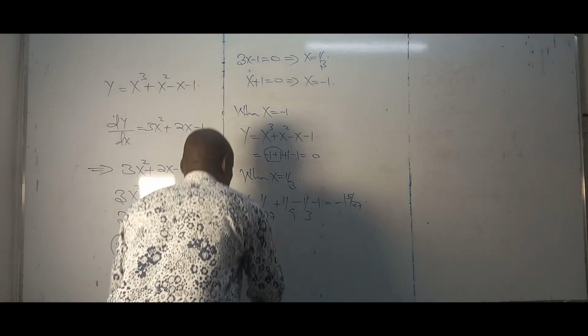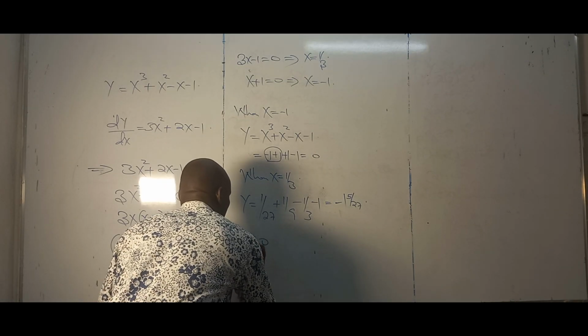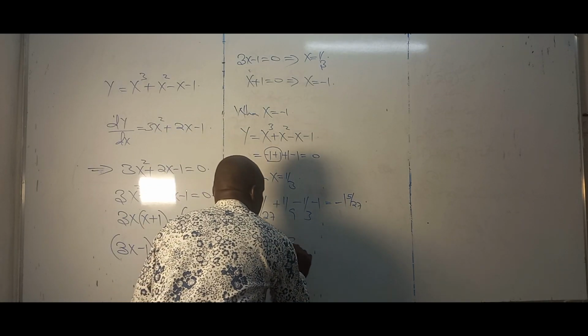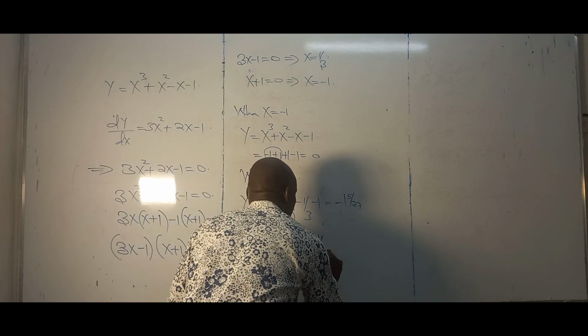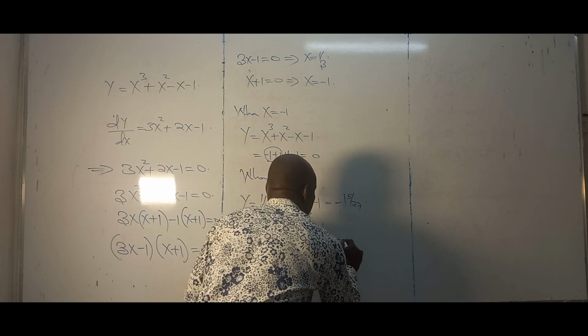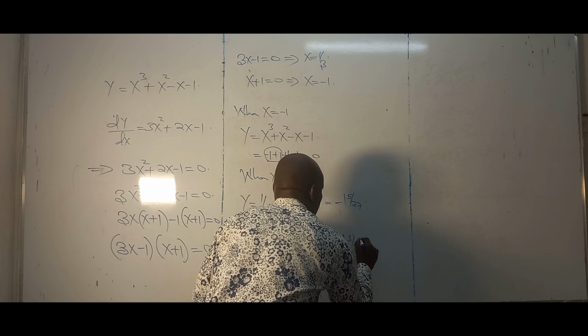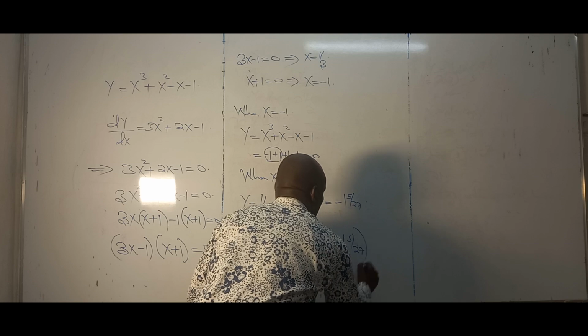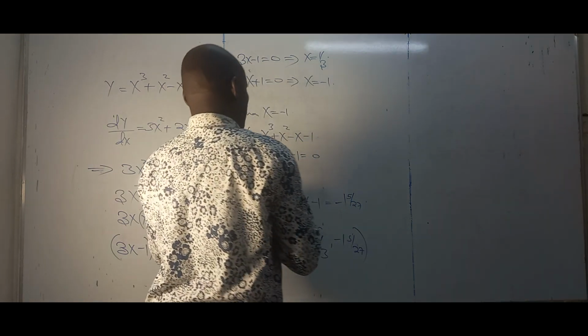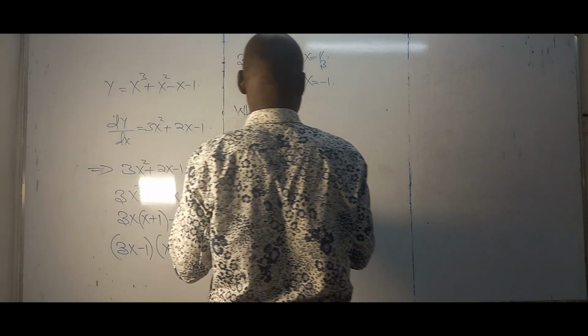So it means that the 2 points are minus 1, 0, and a third, minus 1, 5 over 27.